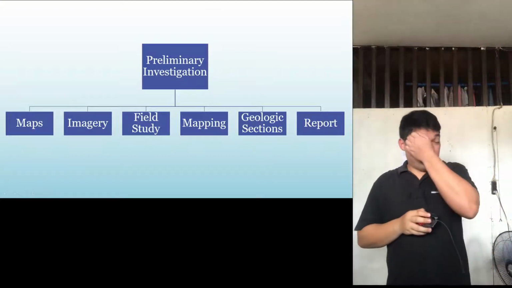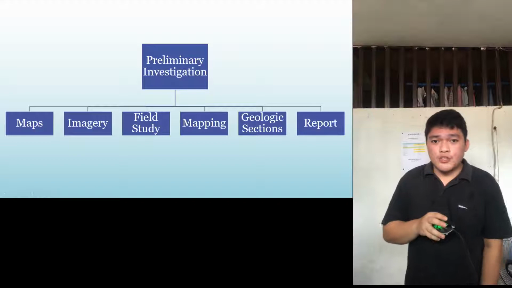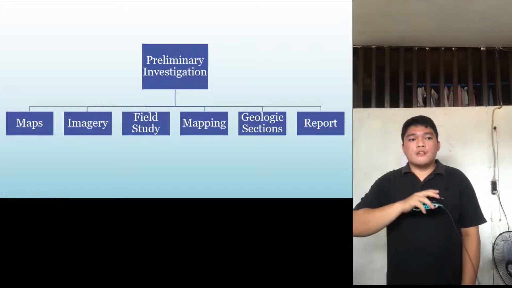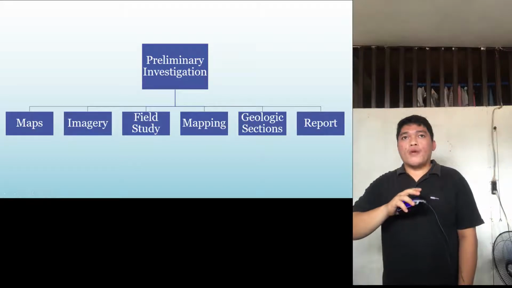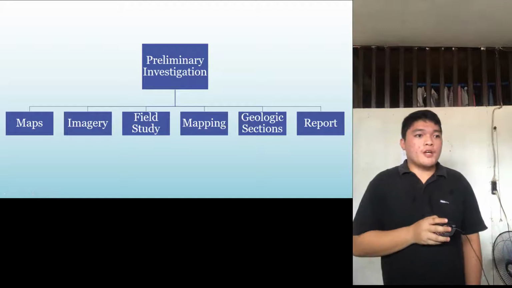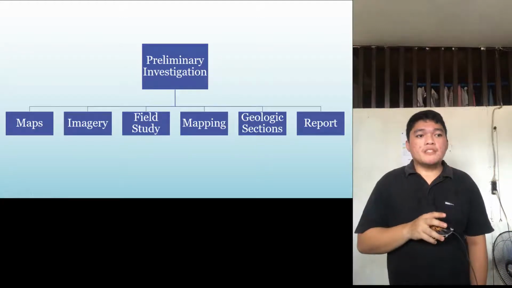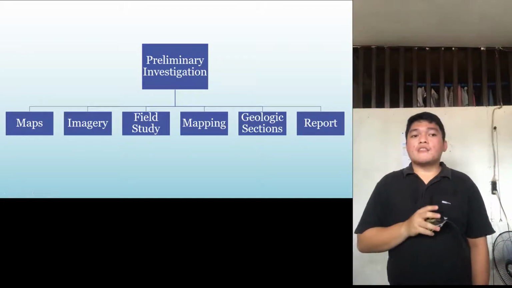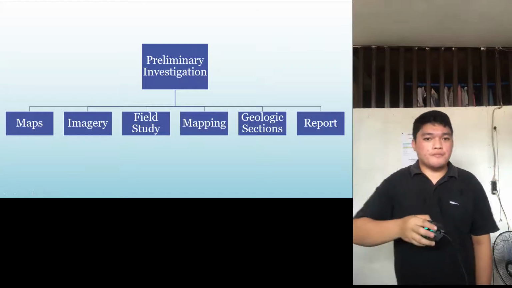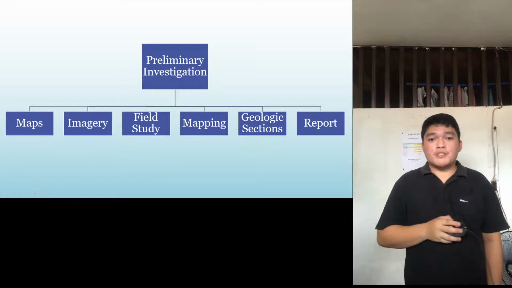So, in doing preliminary investigation, we have to follow these steps in order to execute it. First, maps, imagery, field study, mapping, geologic sections, and report. First, maps.